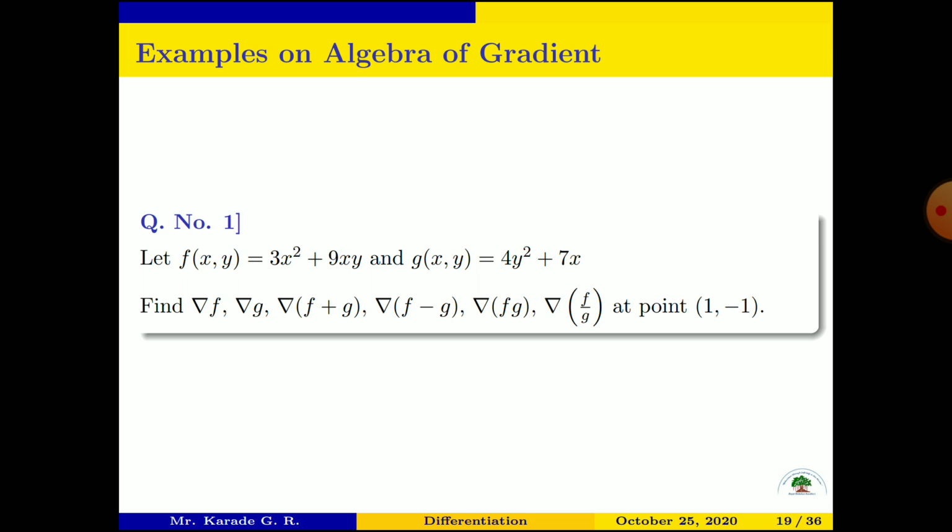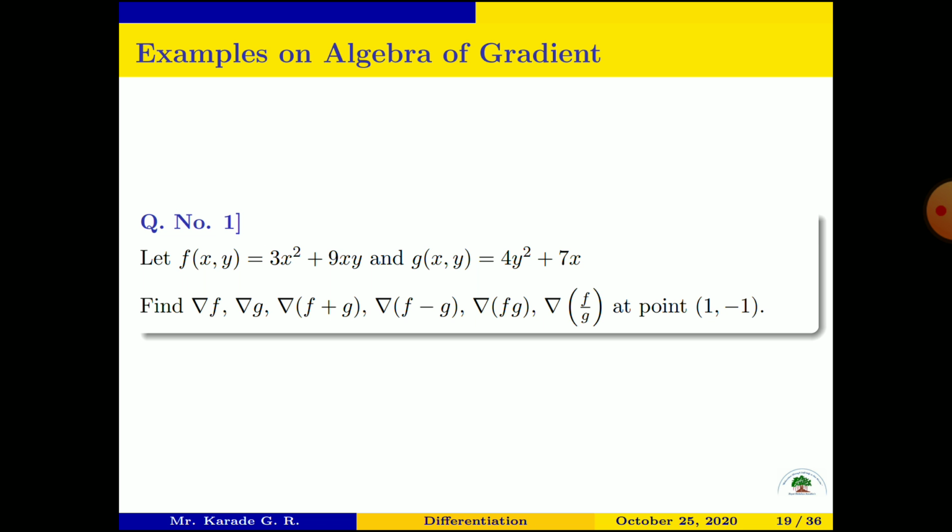Now here we have to find gradient of f, after that gradient of g, then gradient of f plus g, then gradient of f minus g, gradient of f into g, and then gradient of f upon g at point 1 comma minus 1.